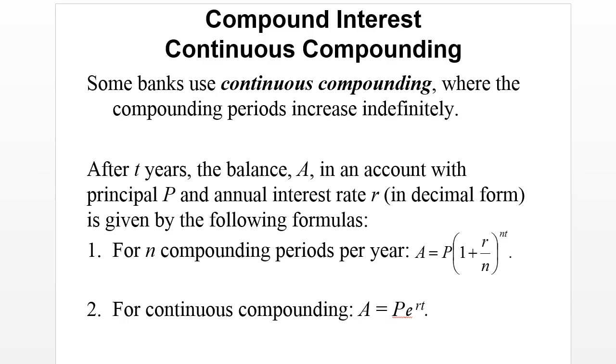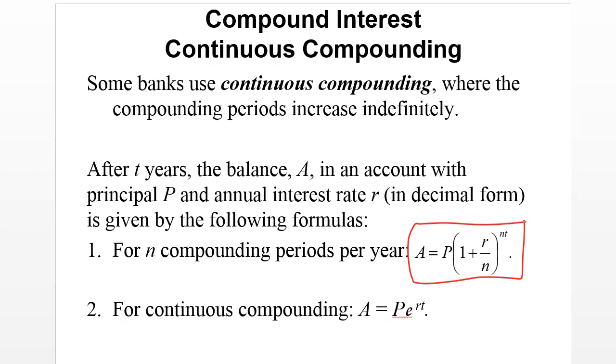So anyway, instead of using this formula when we have a finite amount of compound periods like monthly or weekly or daily or even hourly or minutely or every second, that's still finite. But if it becomes infinite, or when we say in your homework it'll say continuous compounding, then we use a different formula.